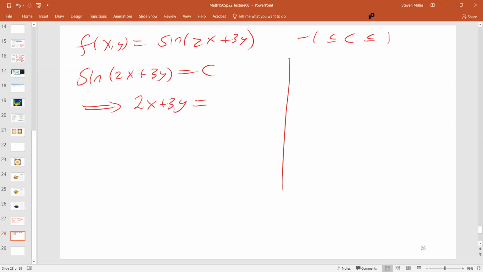So let's take a specific example. Let's say we want the sine of 2x plus 3y equals 1. When is the sine equal to 1? Anything else?